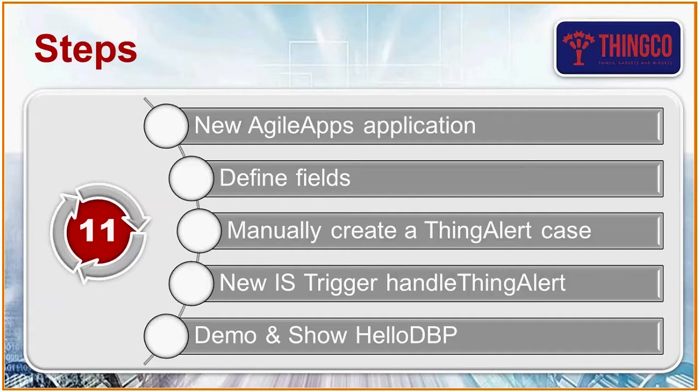You define some simple fields that match our use case, and then manually create a thing alert case. We'll just show what it looks like to manually create it, but in reality, you're going to have an alert that happens when that event is detected, and then we want to have an IS trigger that looks for that event, and then creates a new thing alert case.